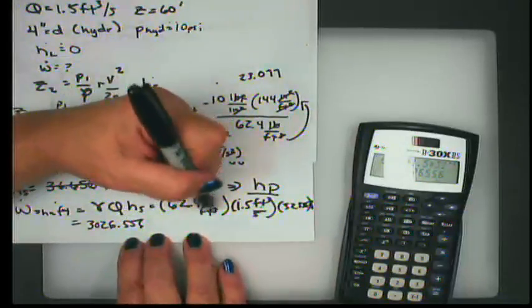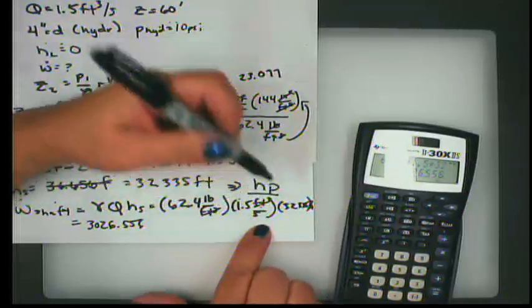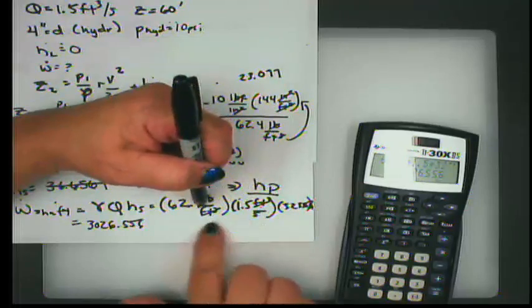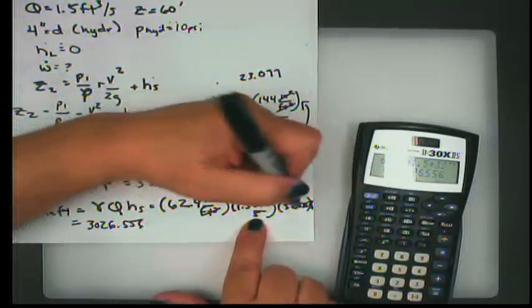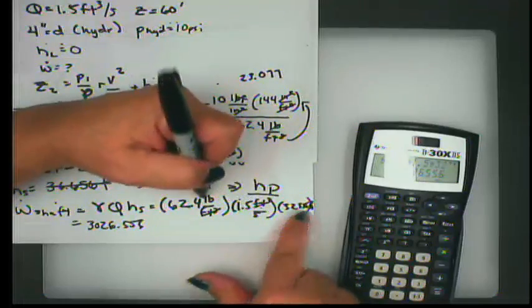What are my units? Feet cubed cancels, so I have foot pounds per second.